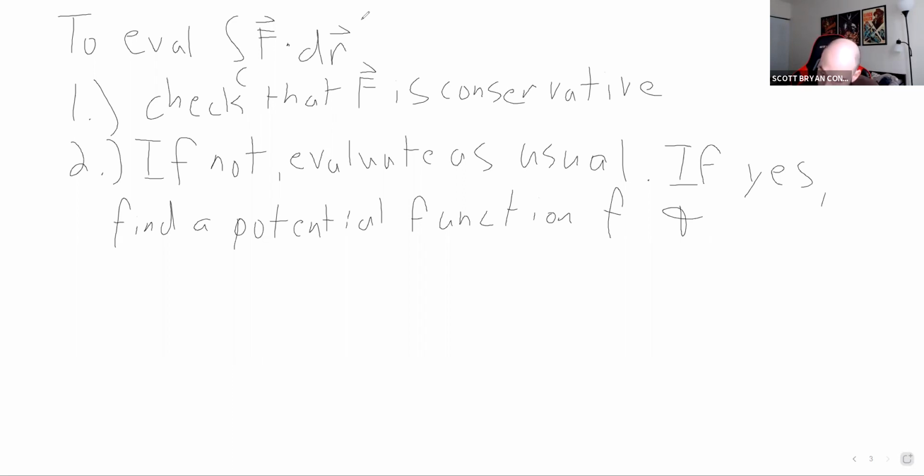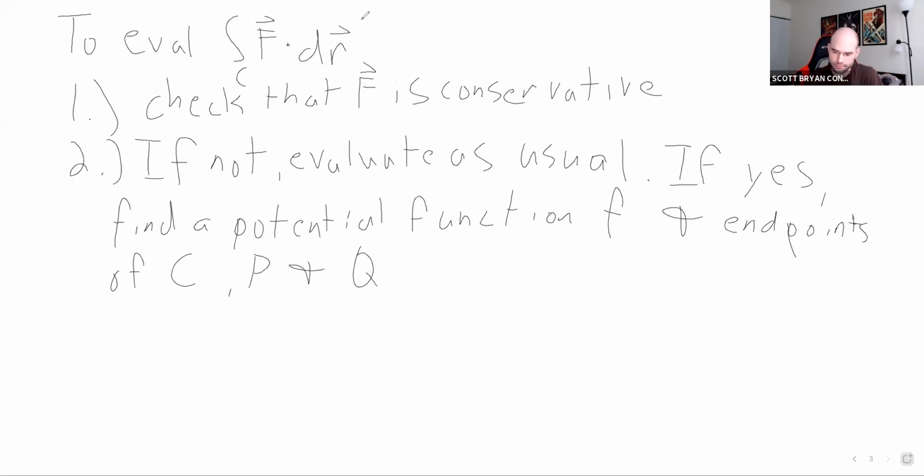So we need to find the potential function, and we need to figure out the endpoints of the curve C, the endpoints P and Q. Where do we start? Where do we end?